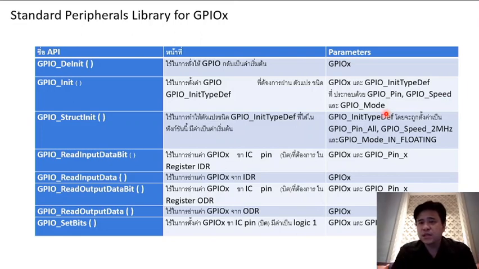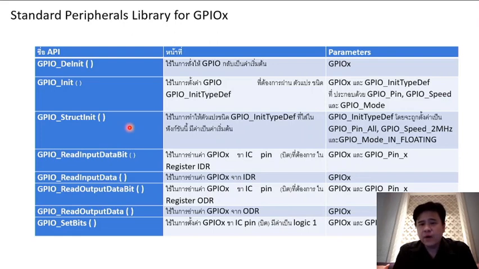And you can specify GPIOx in this one also, in order to use different GPIOs in your system. What else? The next one is called GPIO_StructInit. This one will create the structure that you would like to put into your GPIO_Init function. We will go through this function later.